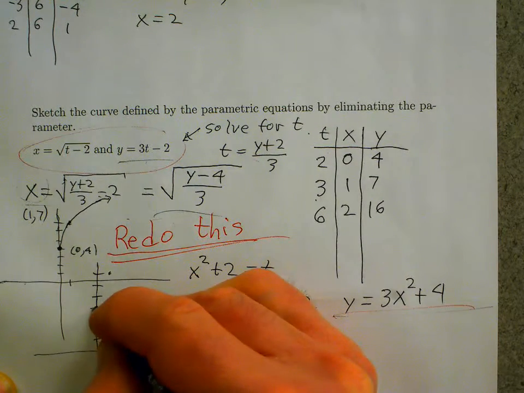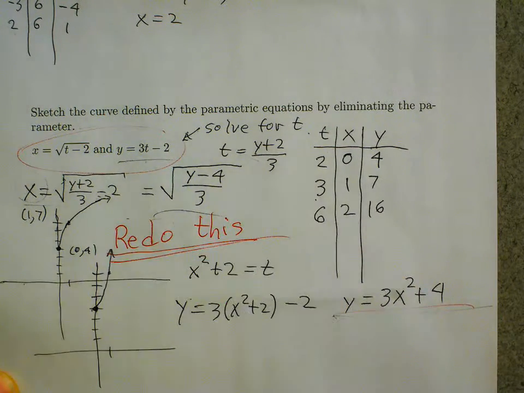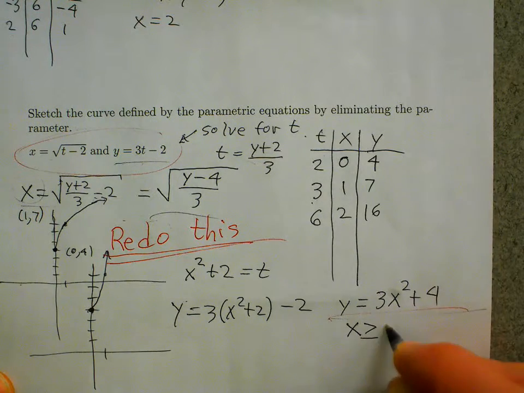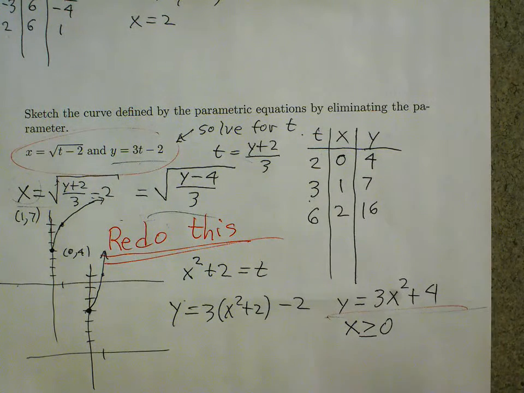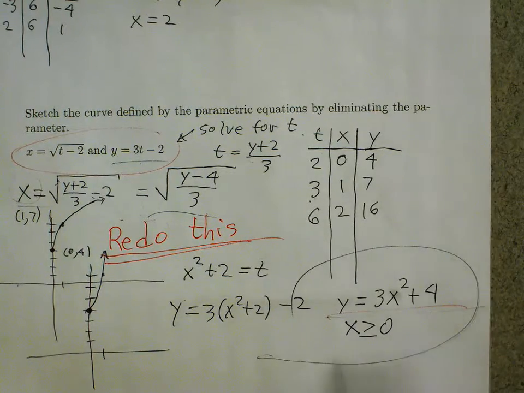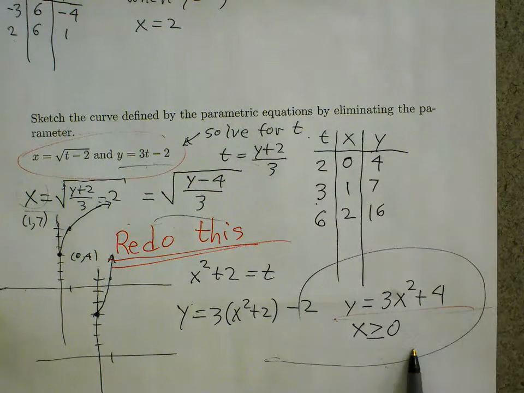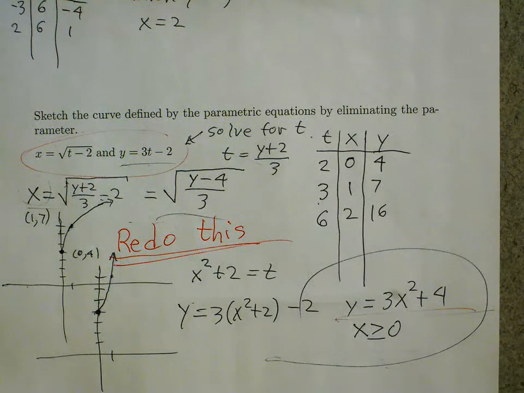So it's half of a parabola, not a full parabola because of the restricted values. So this is just for x greater than or equal to 0. Okay, I don't think we need to redo this one. This is just half of a parabola for values of x greater than or equal to 0. Okay, that's all for today.